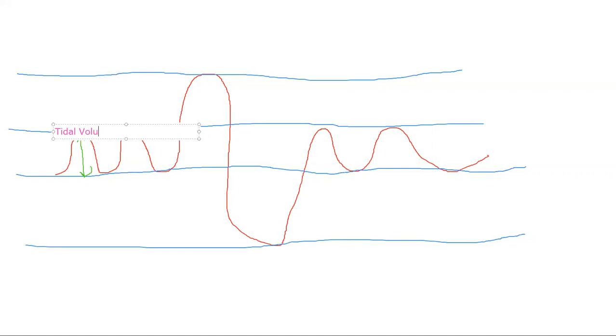Tidal volume is the amount of air you move through your lungs during a normal breath. But you could inspire more air than that if you chose to, right? So that's the amount of air you could inspire beyond your normal inspiration.